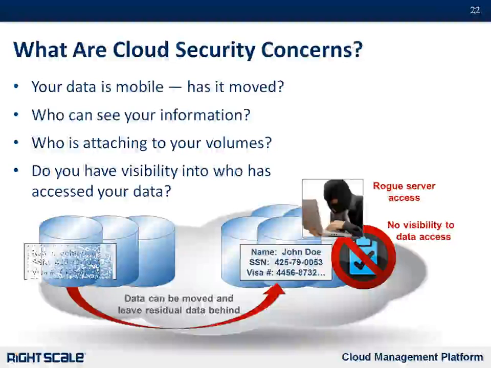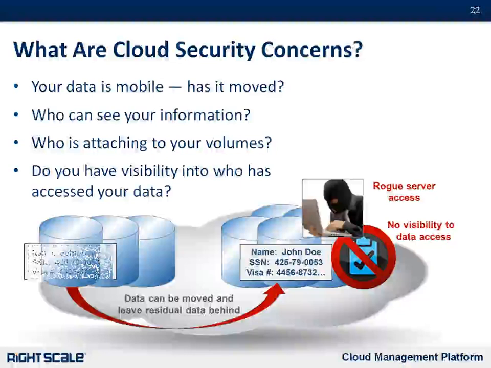One of the big concerns that we hear from customers is that data is mobile. In fact, we coined the term data motility, where we talk about the idea that data moves around without you knowing. When you run your own infrastructure, you pretty much know where all of your data is, at least if it's on a back-end disk, you can define that.